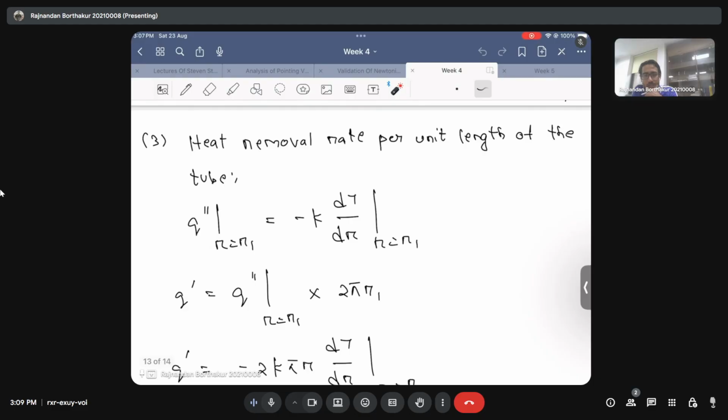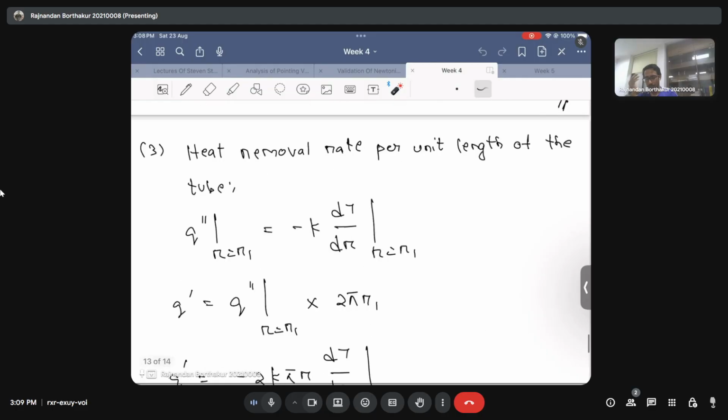We need to understand that the only way heat can be removed from the cylinder's body is by the cooling fluid flowing through its annulus. Because the exterior surface was insulated, there was no way heat could escape from it. So whatever heat is generated inside the cylinder has to be dissipated radially inward to the flowing fluid, which flows with some heat transfer coefficient H and temperature T infinity.